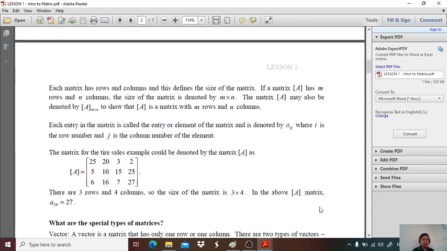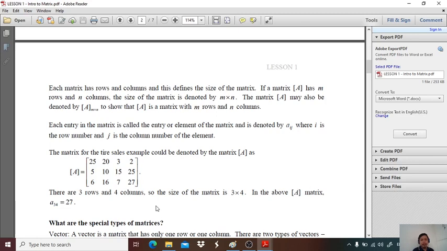The matrix of the tire sales, for example, could be denoted by matrix A. This is matrix A. There are 3 rows and 4 columns. This is the first row, second row, third row, then first column, second, third, and fourth column. So the size of this matrix is 3 by 4.